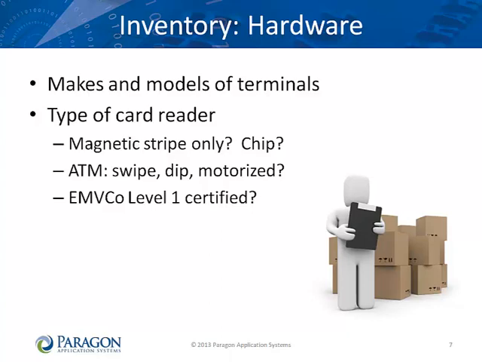Swipe readers cannot read a chip, so you will have to replace an ATM's swipe reader with a dip or motorized reader that supports chip. If the ATM has a dip reader, make sure it has the EMV component that allows the reader to trap the chip card and hold it for the duration of the transaction.